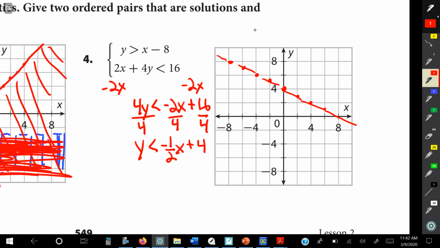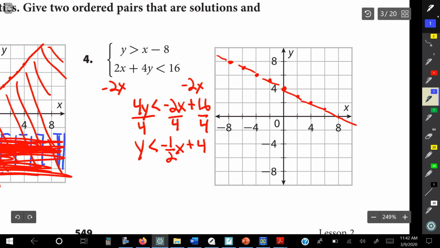So now I'm going to do the first inequality up here. I'll go down to -8. It's got an understood slope of 1 over 1 here. So I go up 1 over 1, up 1 over 1, up 1 over 1. That's also not equal to, so I'm going to use dashes on that one.